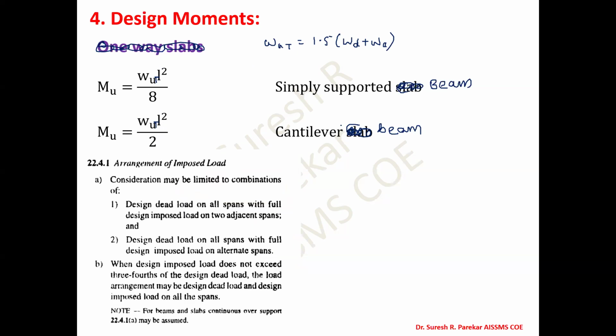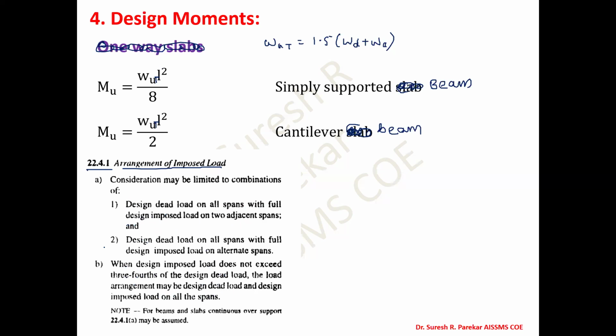Then for continuous slab, we have to go to clause number 22.4.1, arrangement of imposed loads. Actually, if we see, design dead load on all spans with full design imposed load on adjacent two spans and design load. And second, when design imposed load does not exceed 3/4 of the design dead load, the load arrangements may be taken as in this fashion.